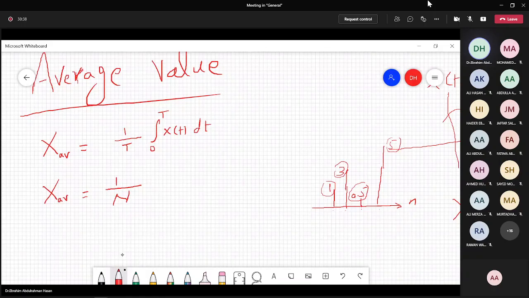So it is not integration, it is summation of x of n from 0 to all the numbers. Okay, summation of n.